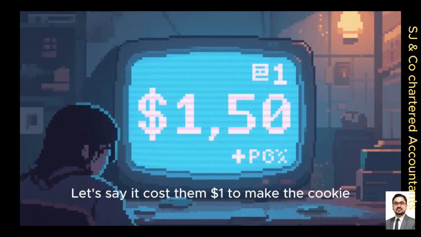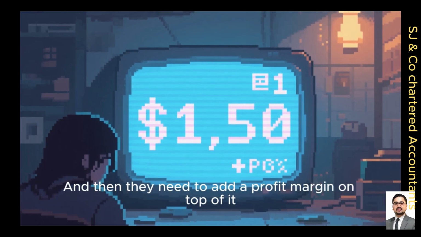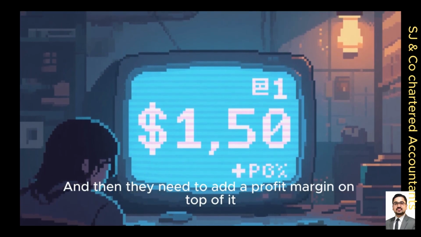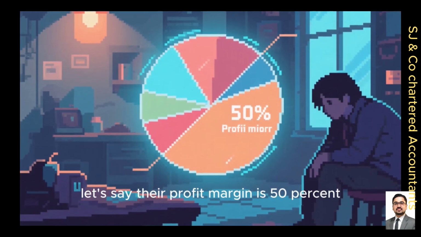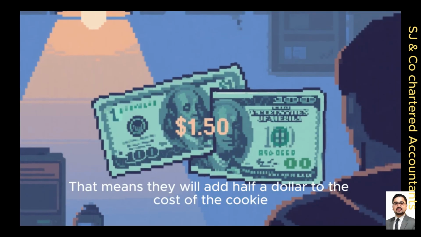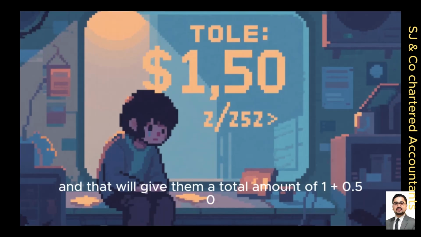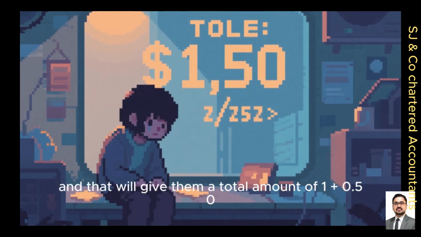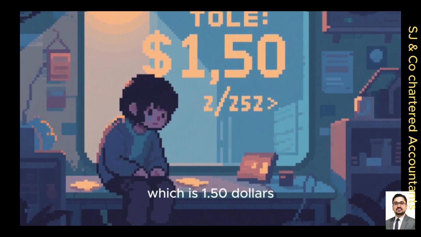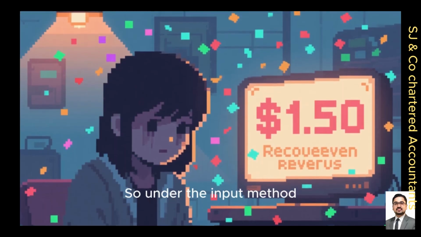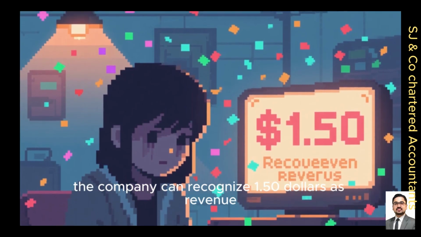Let's say it cost them $1 to make the cookie, and then they need to add a profit margin on top of it. For example, let's say their profit margin is 50%. That means they will add half $1 to the cost of the cookie, which is $1, and that will give them a total amount of 1 plus 0.50, which is $1.50. So under the input method, the company can recognize $1.50 as revenue.